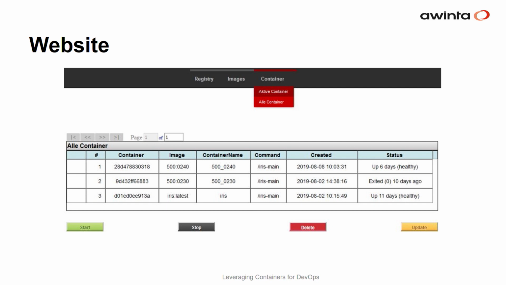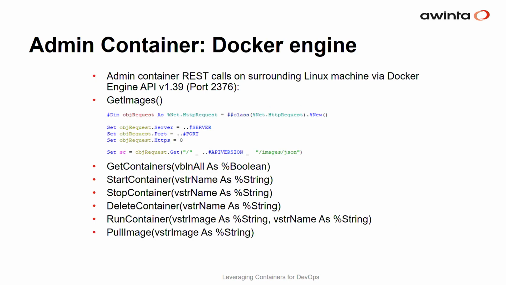Normally you would expect that when you make a REST call, we had to define the endpoint of the REST call on the Linux machine, where we state $ZF docker ps, but this is not necessary because we have an API available. The API that is available is called Docker Engine API in a certain version and runs on port 2376.